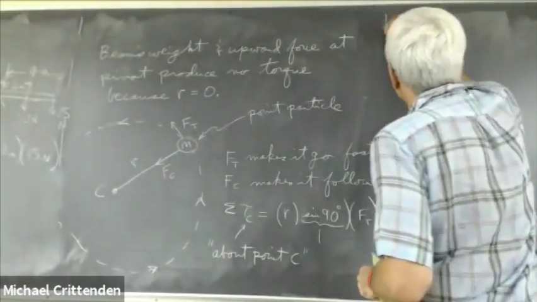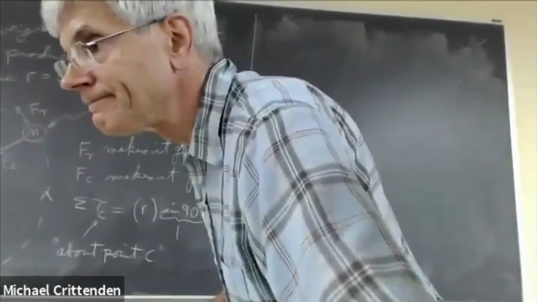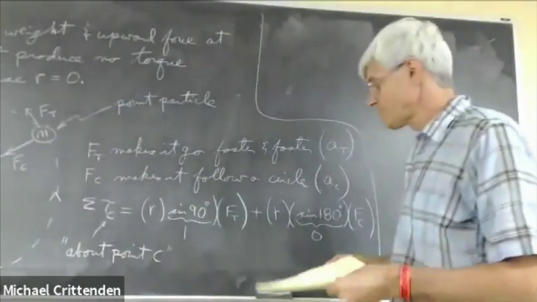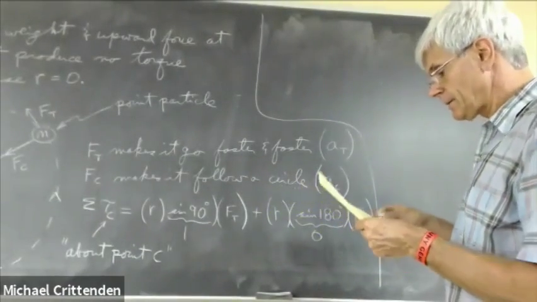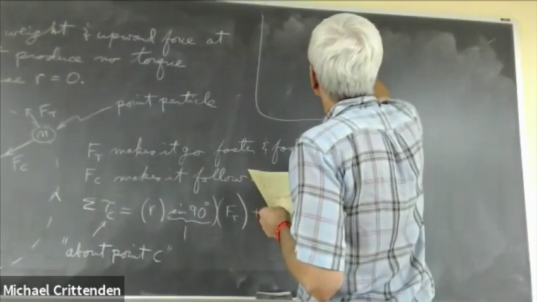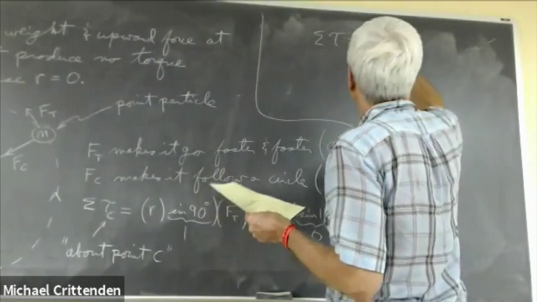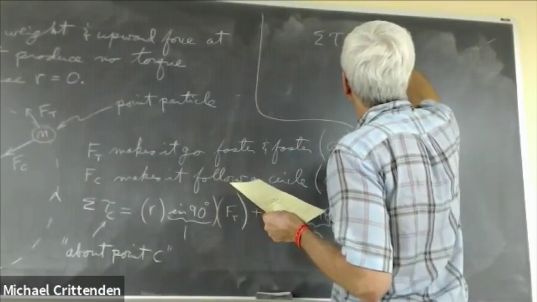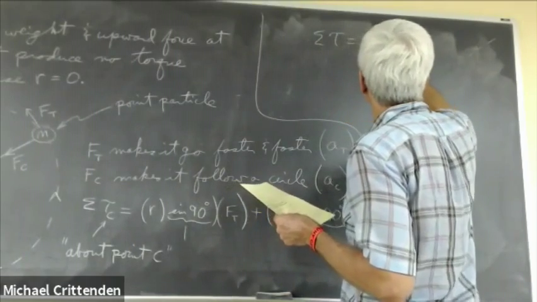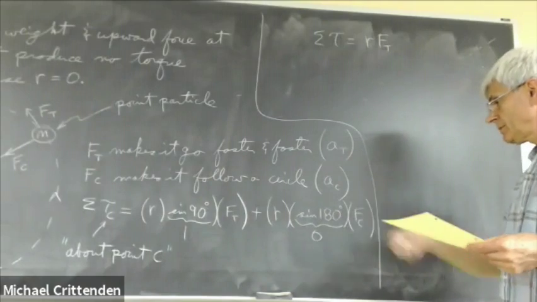So, kind of used up some of my space over here, but the summation of the torques is equal to R times the tangential force. The centripetal component is 0.